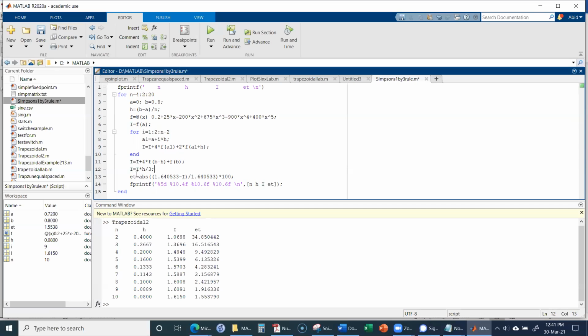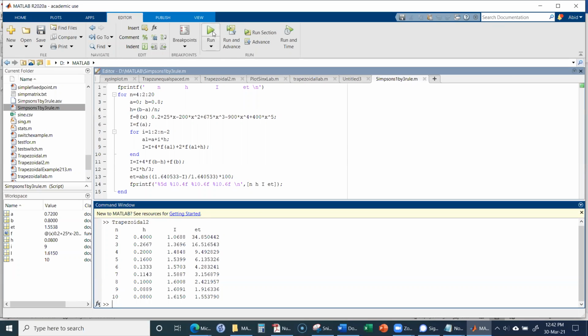Then the integral, that is the sum value, is multiplied by h by 3. So here is also a difference: in the trapezoidal rule, it was multiplied by h by 2, and here it is multiplied by h by 3. That's why it is called the Simpsons 1/3 rule. And then this is the error formula, and this is for printing the values.